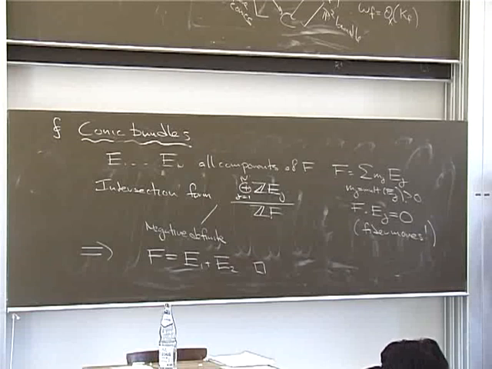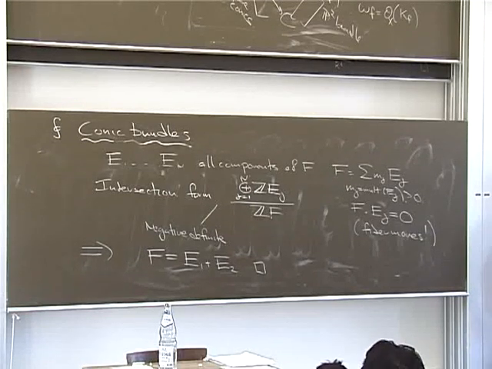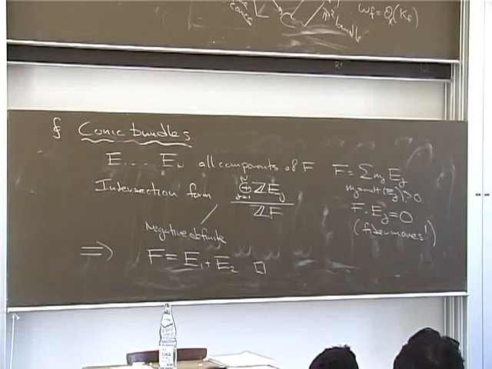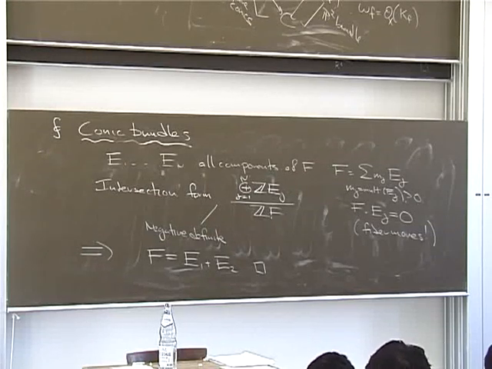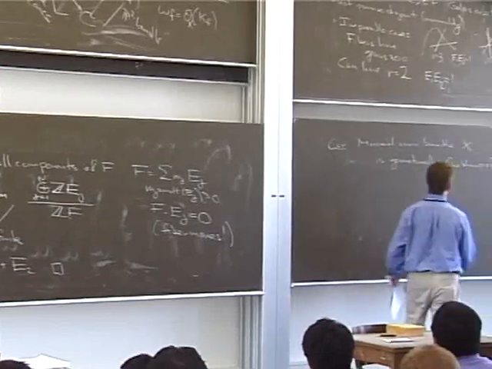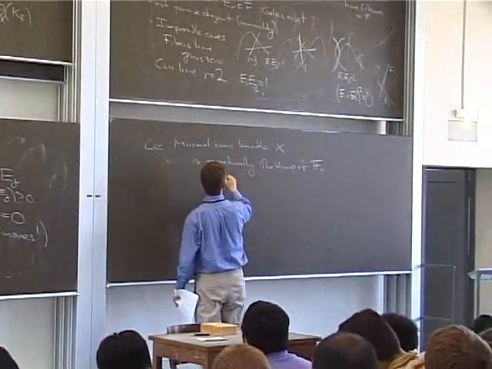A minimal conic bundle X is geometrically the blow-up of some surface Fn at points in distinct fibers.